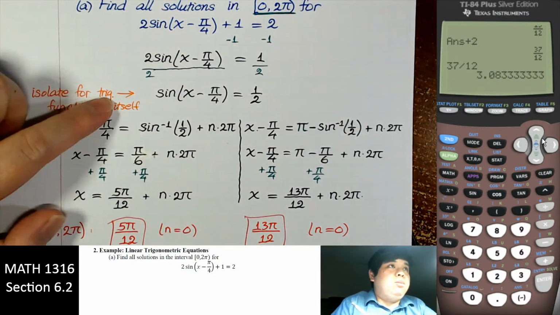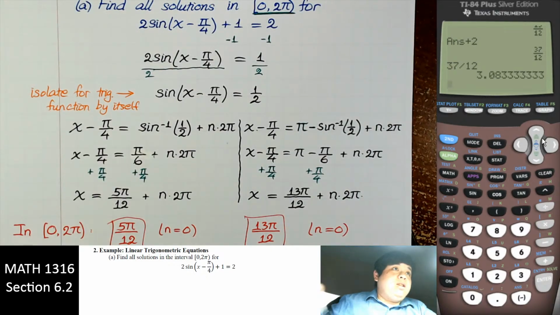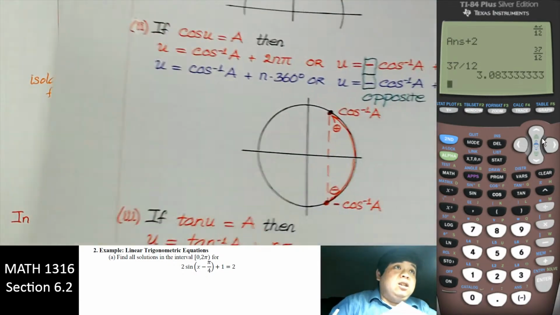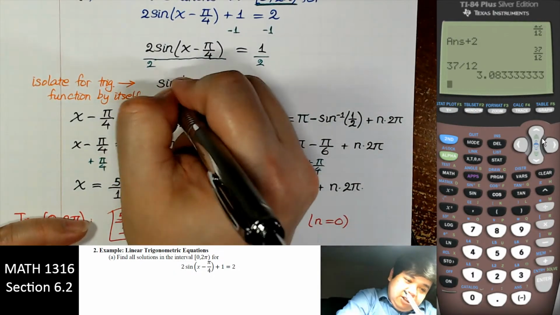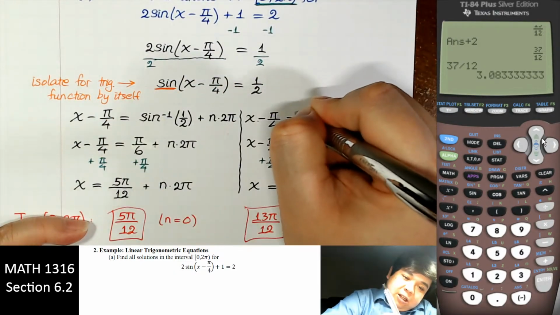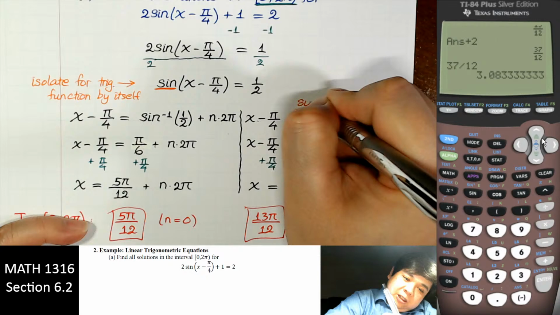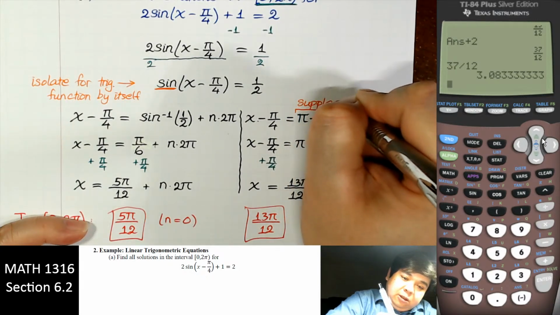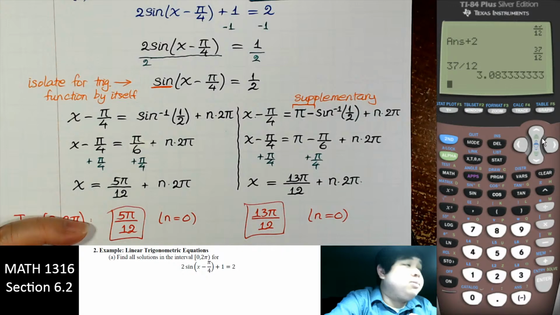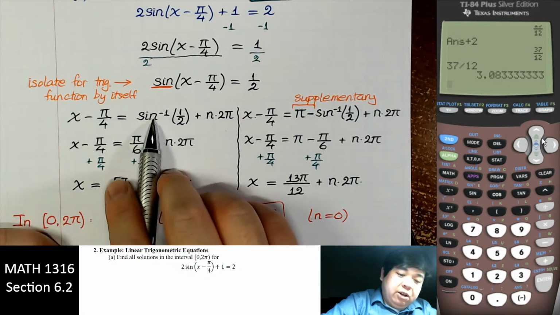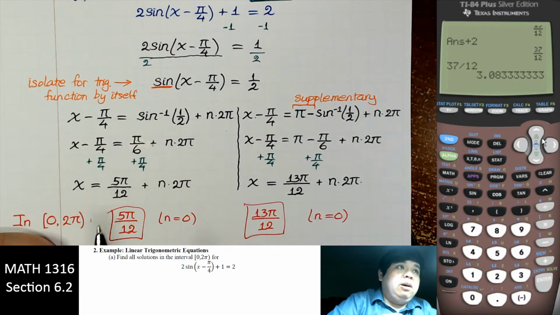Then depending on sine, cosine, or tangent, we can use the formulas. For sine, this is the supplement: either sine inverse or subtract from pi.